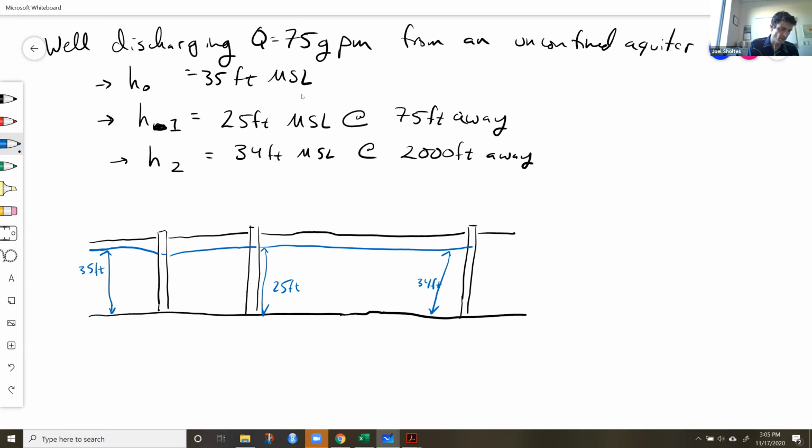And then we'll use our equation. Remember, there were 2 equations for these problems. One was for a confined aquifer, one was for unconfined.